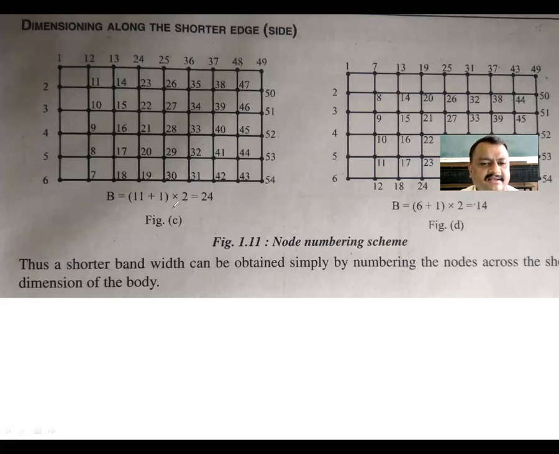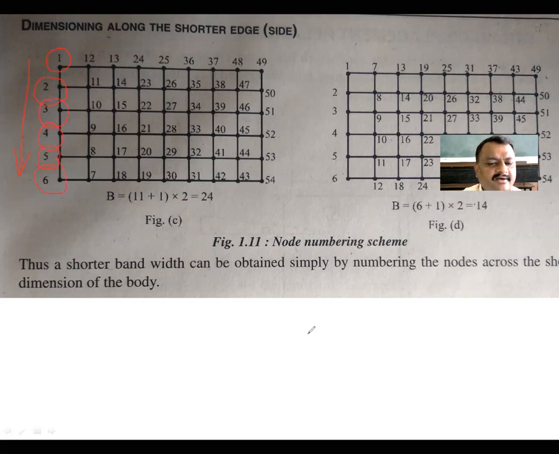Now you can observe here. In the first figure, that is figure C, I start numbering along the shorter dimension, across in the vertical fashion: node number 1, 2, 3, 4, 5 and 6.